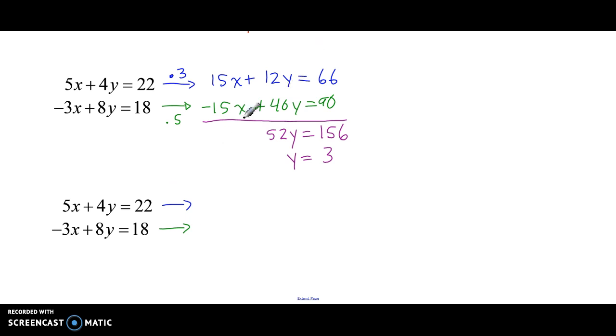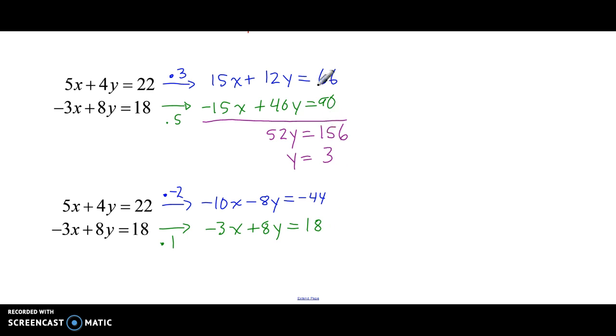I could have taken the top equation and multiplied everything by -2, which would have made -10x and -8y and -44, and just left the bottom equation alone. I guess technically, if I want to say everything's multiplication, I could say multiply by 1, but really just leave the second equation alone.